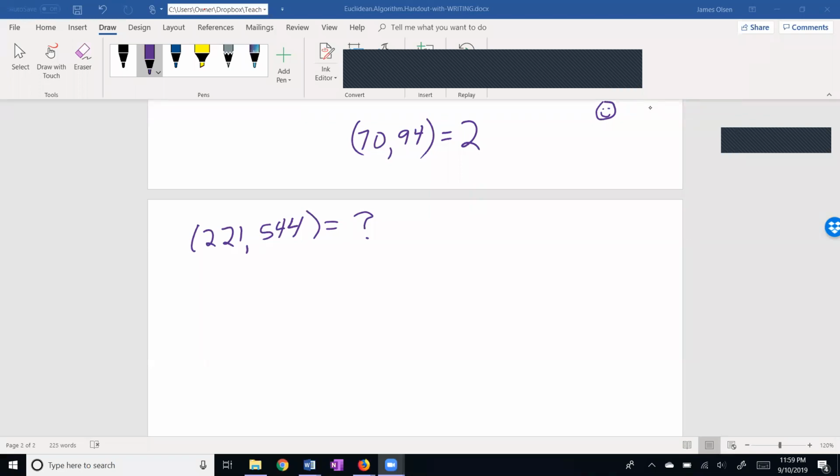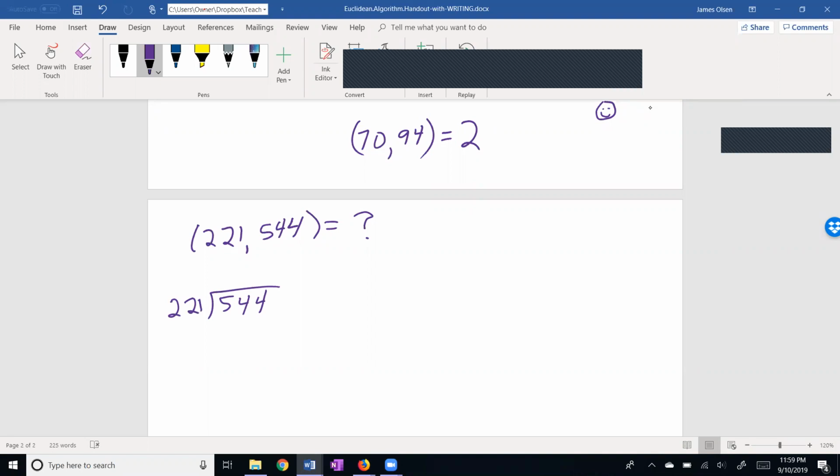Okay, let's find the greatest common divisor of 221 and 544. By the way, in greatest common divisor, it doesn't matter if you put the big number first or second. It's symmetrical. So I put the big number inside on the long division, and that is important.